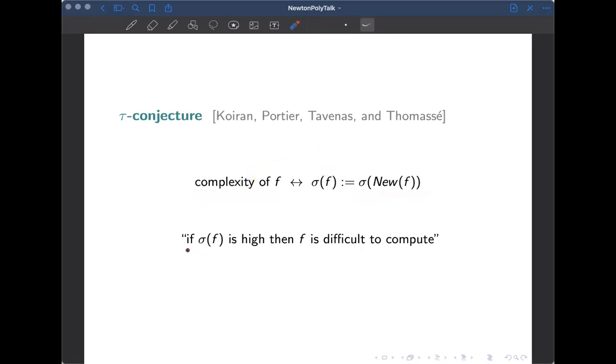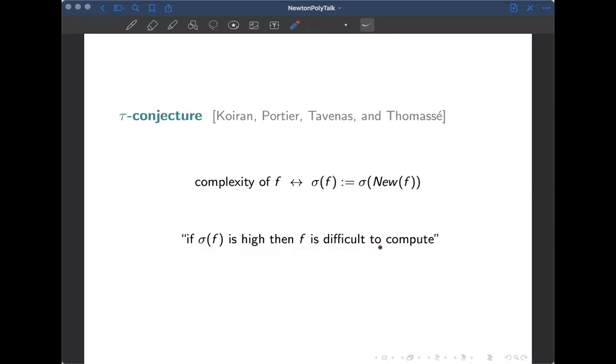Specifically, they suggested that if the shadow complexity of the polynomial is high, then it follows that F is difficult to compute. And this is a mechanism for proving lower bounds, potentially. This is a conjecture. It's not a theorem. They conjectured a statement of this sort.